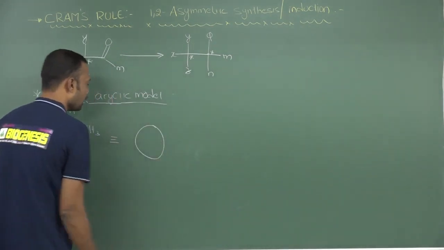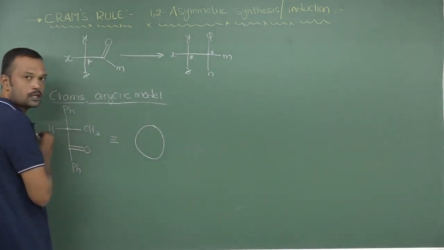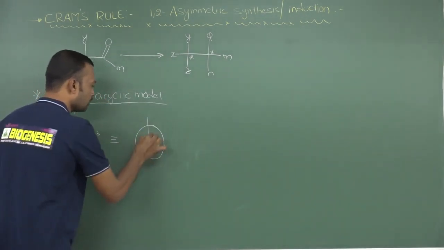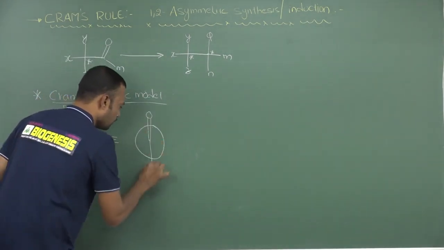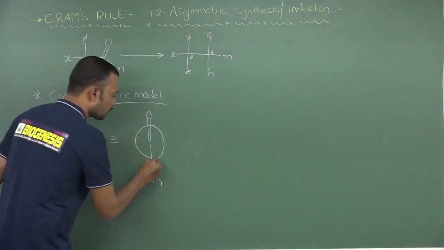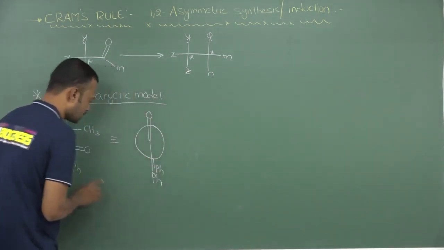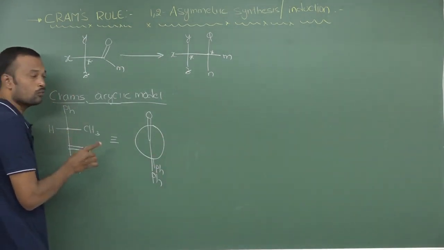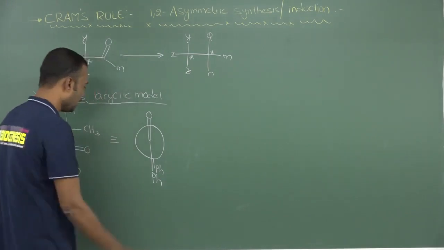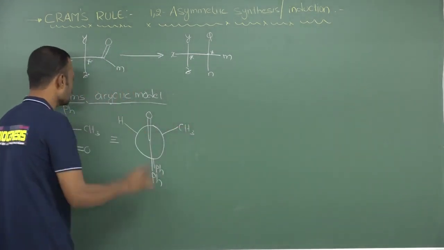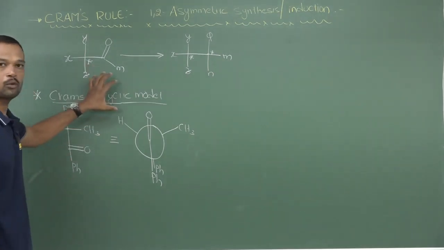First, you should write the rear carbon, the chiral center, as a circle, then the front carbon, which will be represented by the carbonyl. The rear carbon's bulky group should always be eclipsed with the carbonyl substitution. That is the rule for Cram's acyclic model. And here the right side has the methyl group and the left side has hydrogen. This is called Cram's acyclic model.